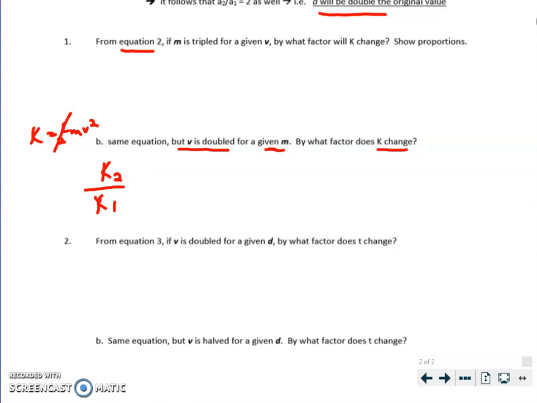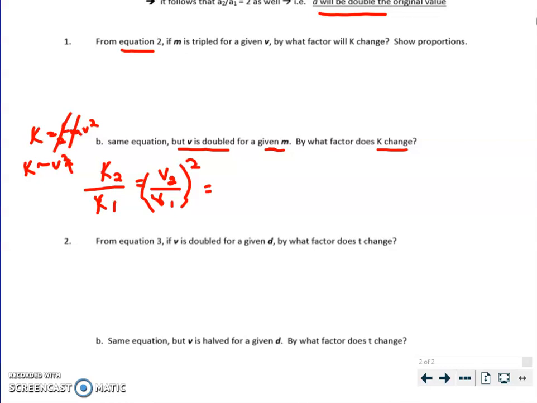I ignore the half and the m because they're staying constant. So my proportionality is K is proportional to v squared, as we established earlier. So that's got to equal my new v over my old v, then the whole thing has got to be squared, and that's the key because of the squared right there. So now I can substitute in. I'm looking for K2 over K1.